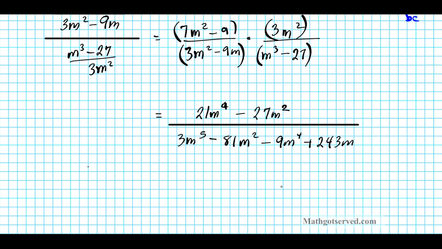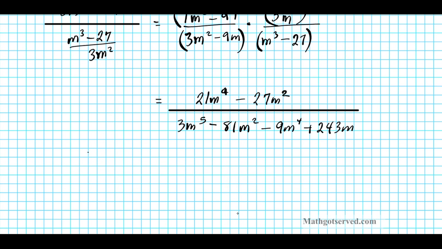Okay? Now, if you take a look at the numerator and the denominator, it looks like there's a common factor that we can pull out. In the numerator, we can pull out 3m squared. So we pull out 3m squared from the top. You're going to be left with 7m squared minus 9. Okay, that divided by, and then in the denominator you can factor out 3m.